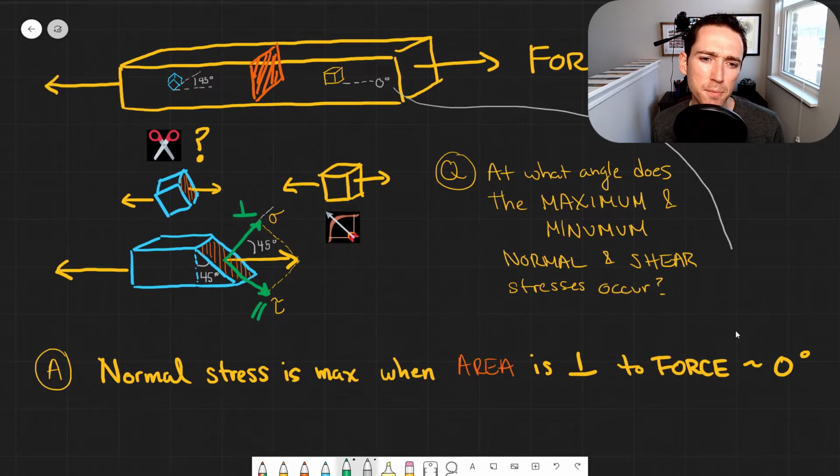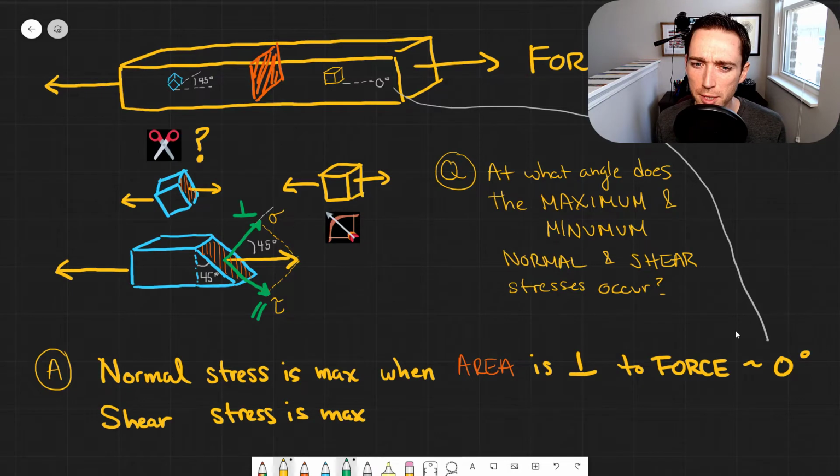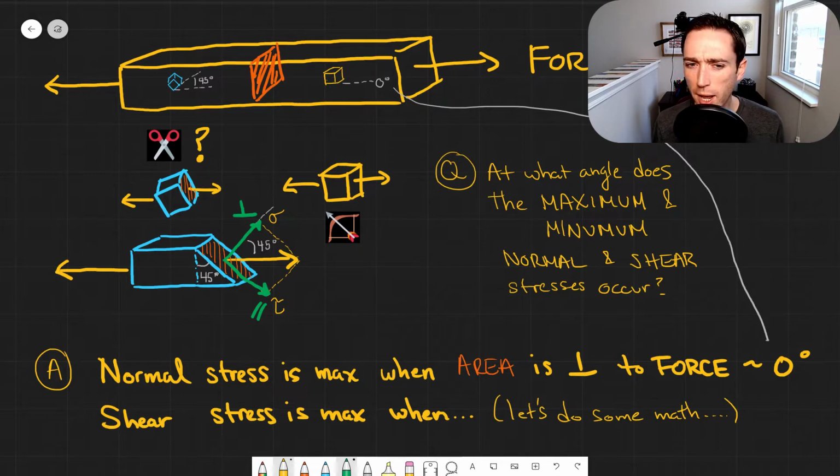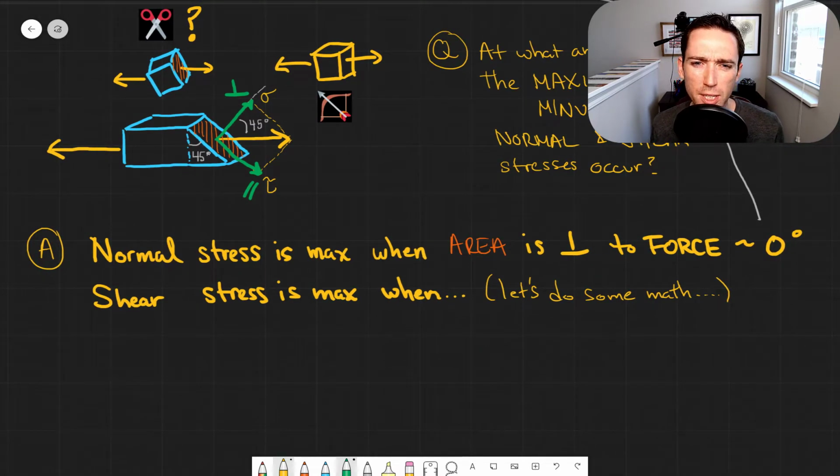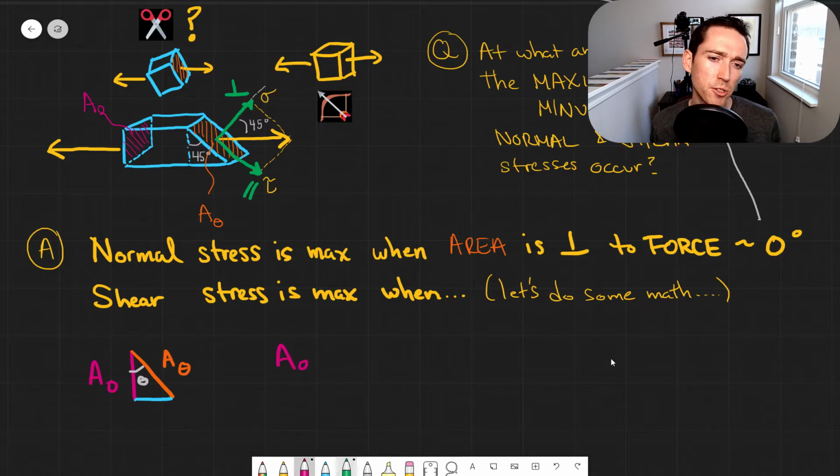Obviously, maximum normal stress occurs at 0 degrees, but what about shear? This is the interesting question, and we have to do a little bit of math to think it through. Let's label a few more things on our drawing here, including the original area we looked at as A0, and this new cut area as A theta. That means just the angled A.